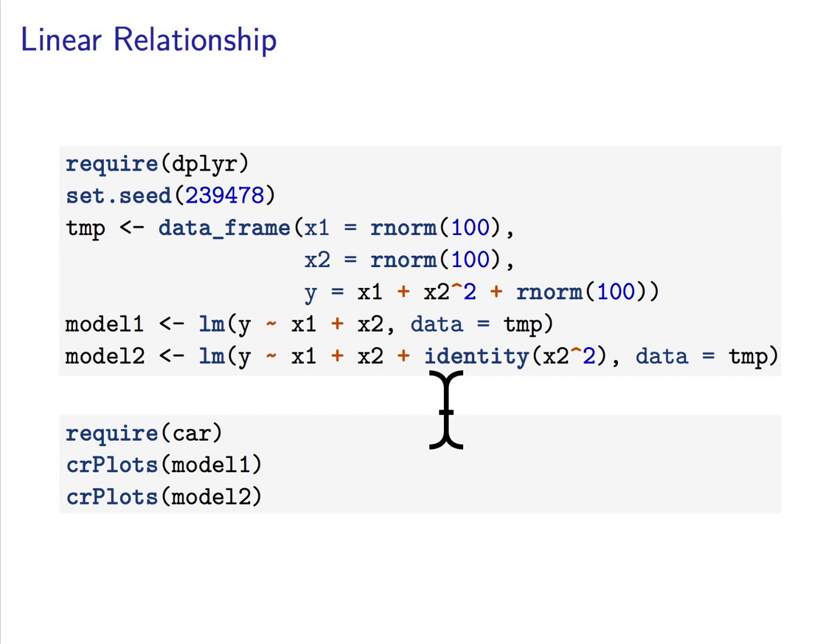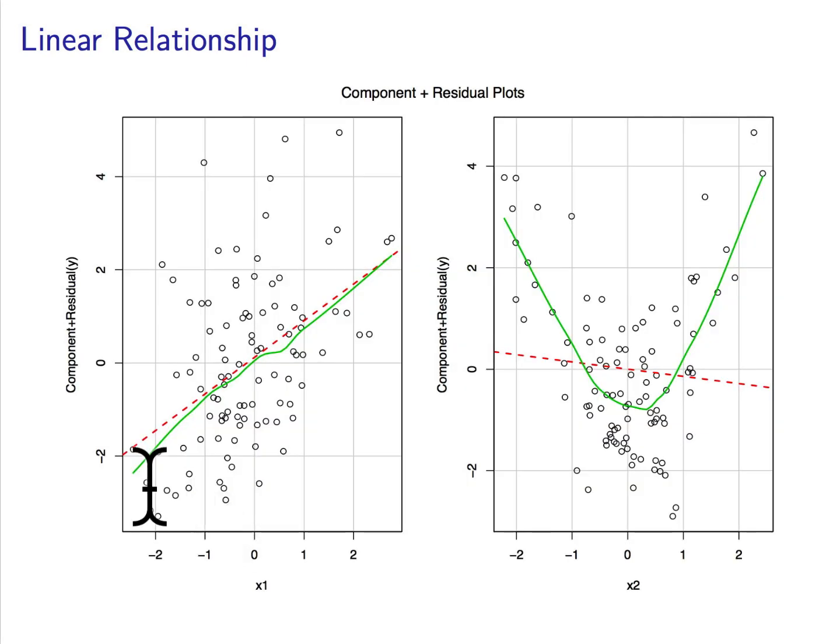This code will show us some component residual plots that we'll use to visually inspect the two models for adherence to our linear assumption. So component residual plots are one way to see if the predictors have a linear relationship with the outcome variable. The red dashed line in the figures represents the best fit of each predictor and the residuals.